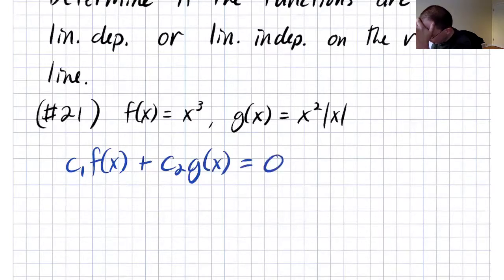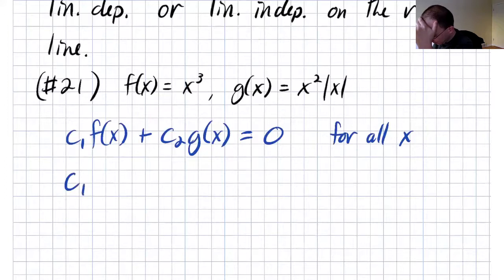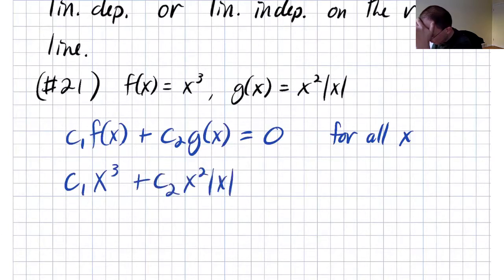This should be true for all x. So let's substitute the formulas for these functions in here, with the absolute value, equals 0. And again, this has to be true for all x.